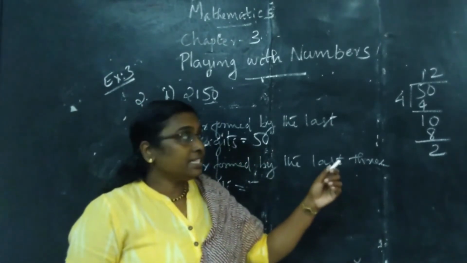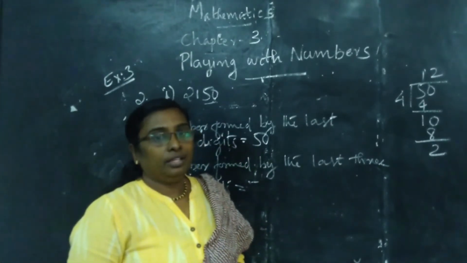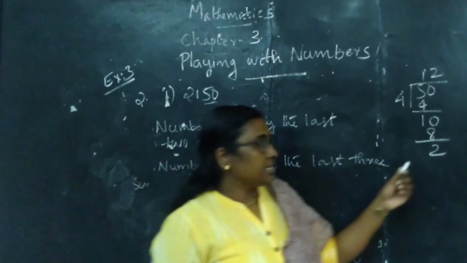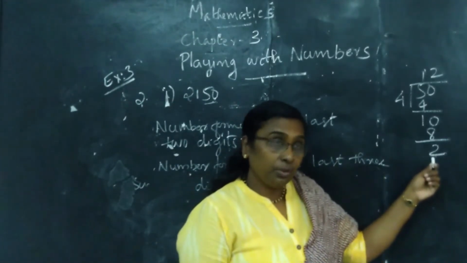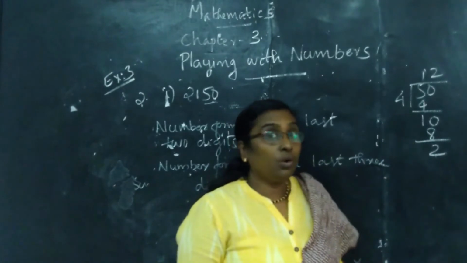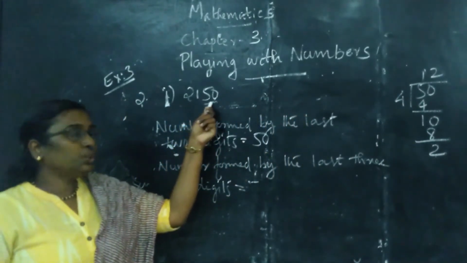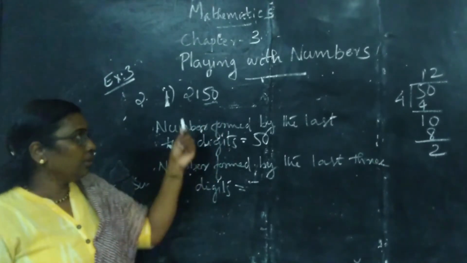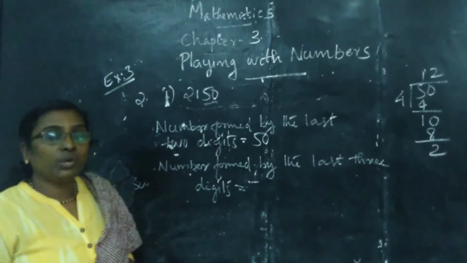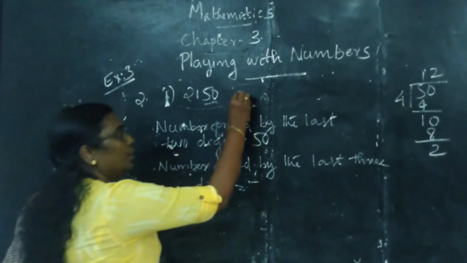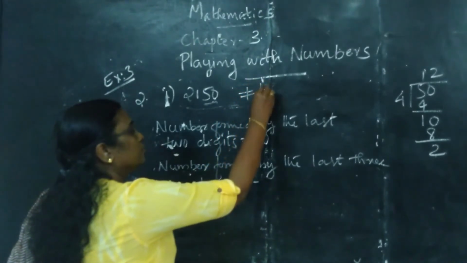Here there is a remainder. So we can say that since the remainder is not 0, 50 is not divisible by 4. The number formed by the last 2 digits is not divisible by 4. The given number is not divisible by 4.